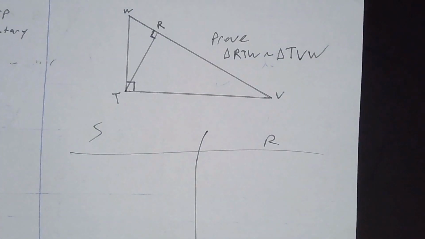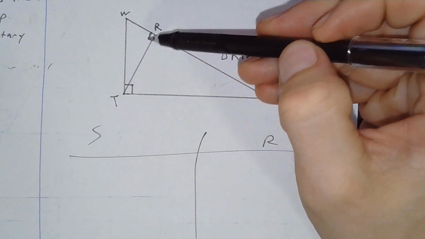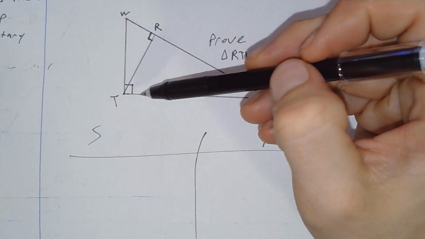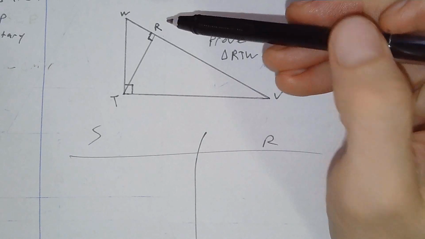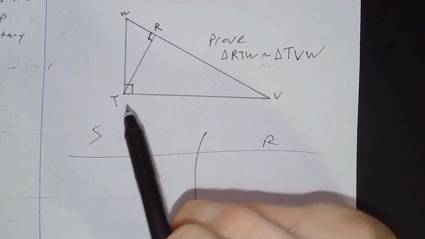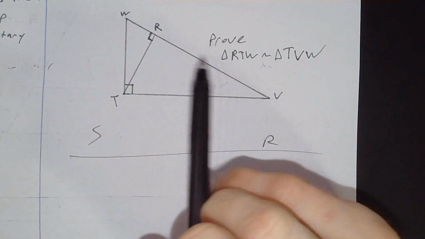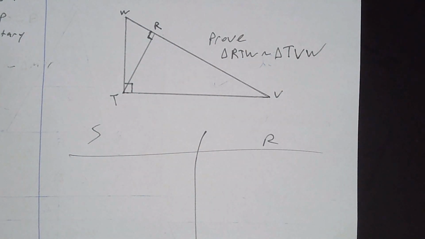All right, so here's an interesting one. We have this little triangle, it's a right triangle, inside of this bigger right triangle. This one's RWT, and this one is TVW. All right, and we have to prove that they're similar.